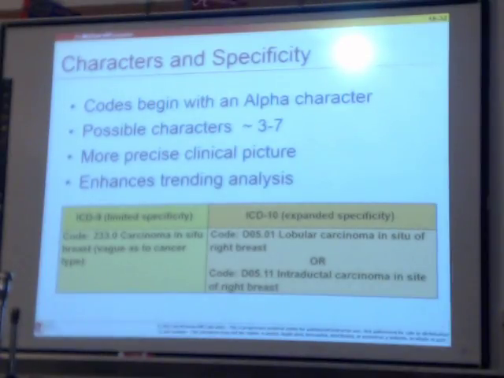It doesn't give you any location. ICD-10 has lobular carcinoma in the right breast, or intraductal carcinoma, so it can specify even better, and it gives a better picture of what kind of treatment can be expected for this patient.